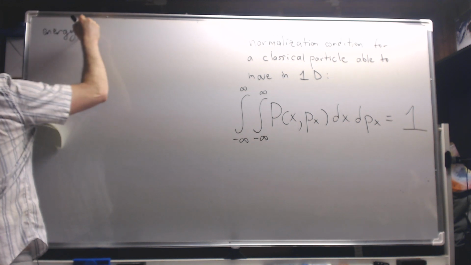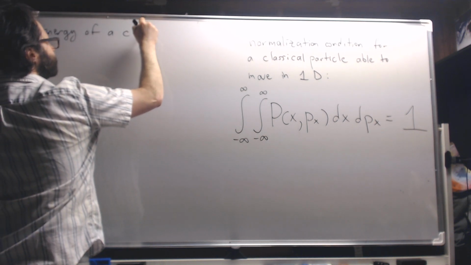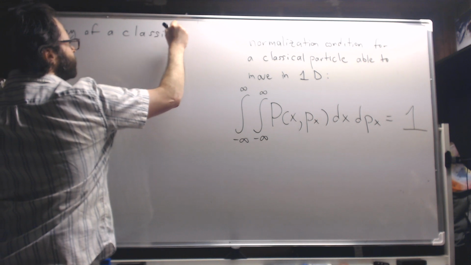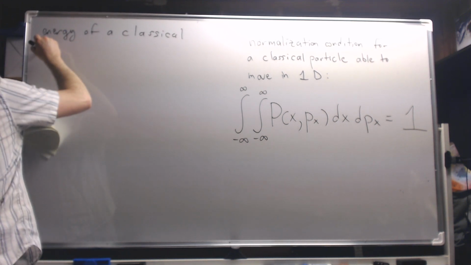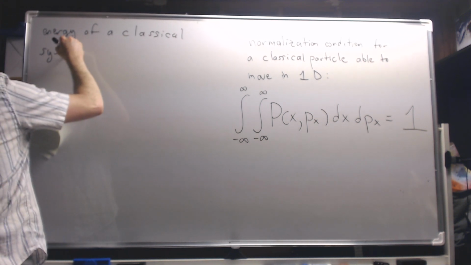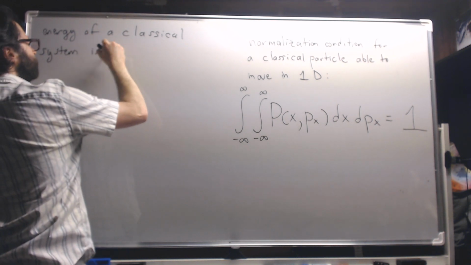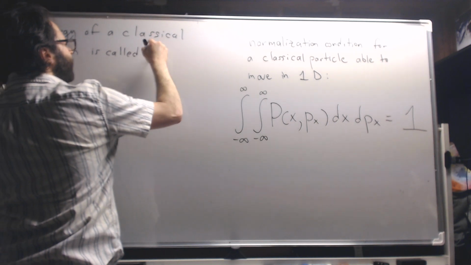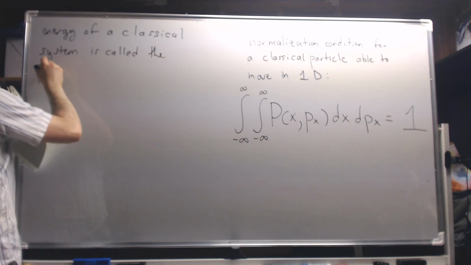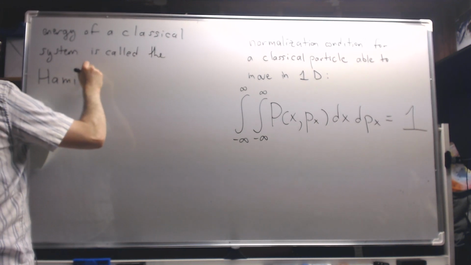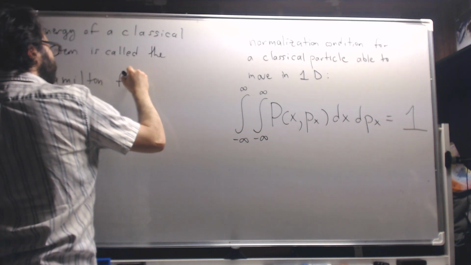The energy of a classical system, i.e. a system that follows Newton's laws and not Schrodinger's equation, is called the Hamilton function.